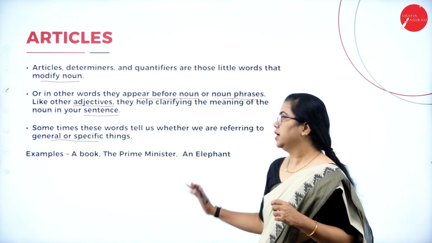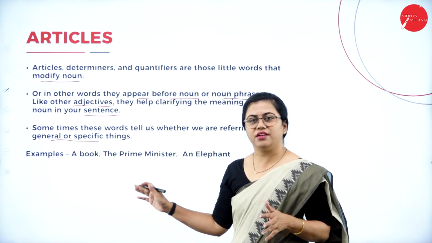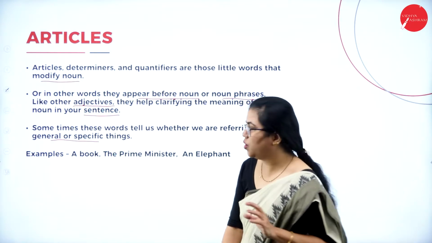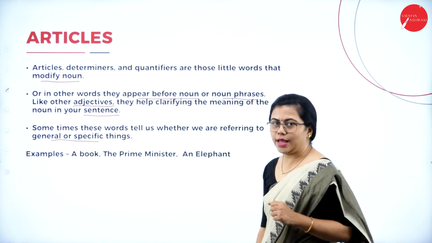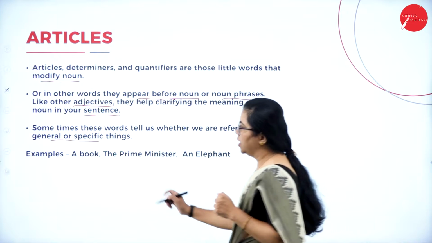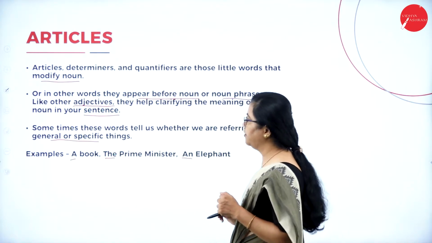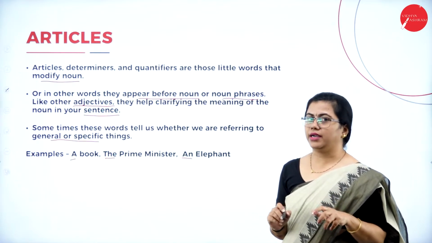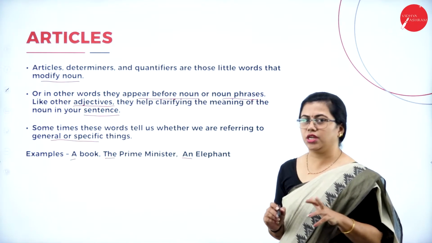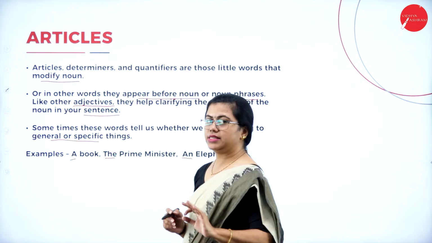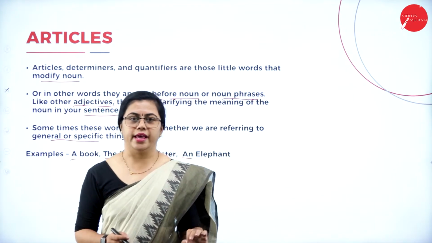Here are a few examples for you to understand: a book, the Prime Minister, an elephant. These are the articles in English: a, an, and the. These are the three articles that are there in English.